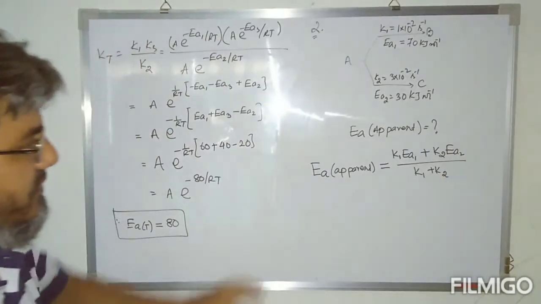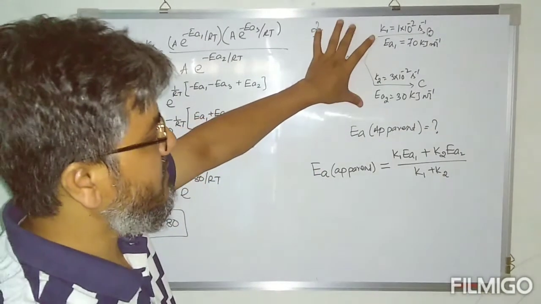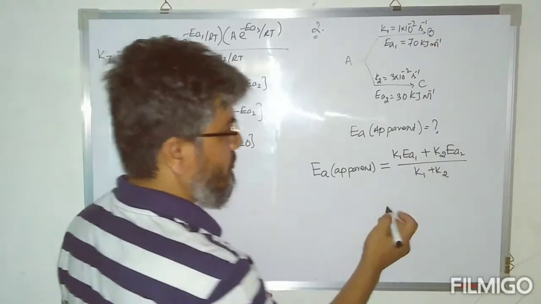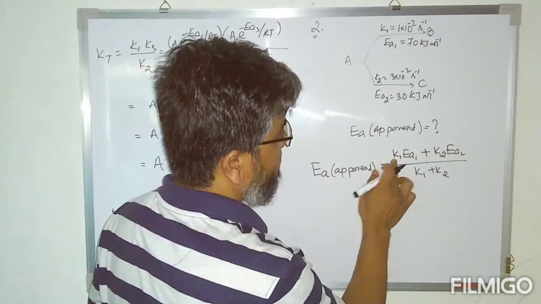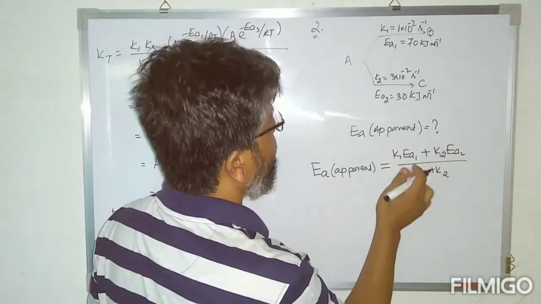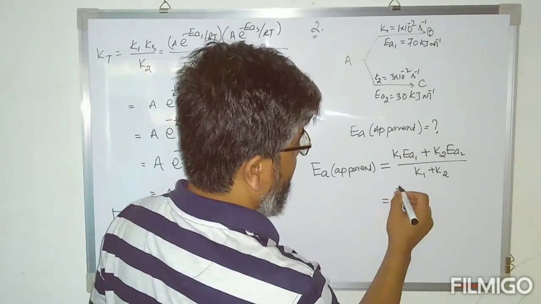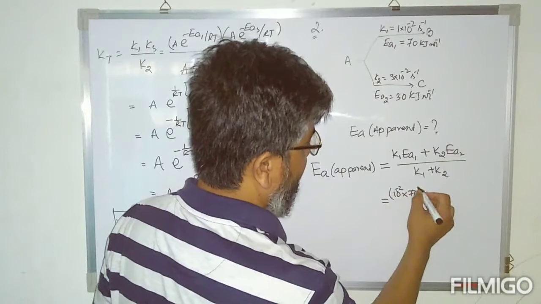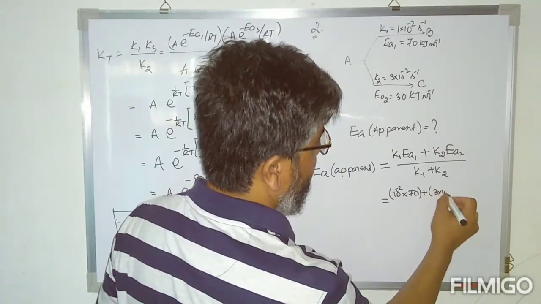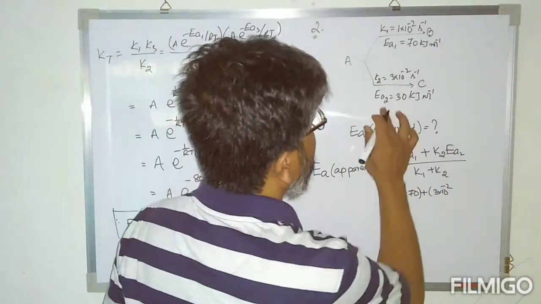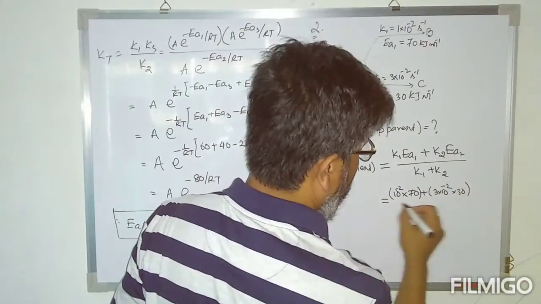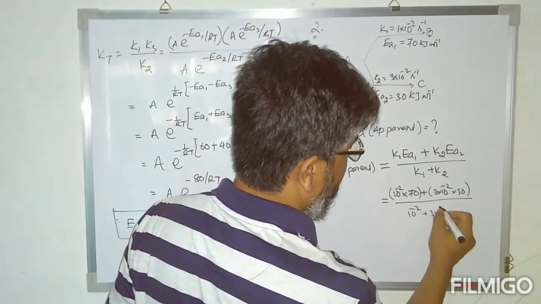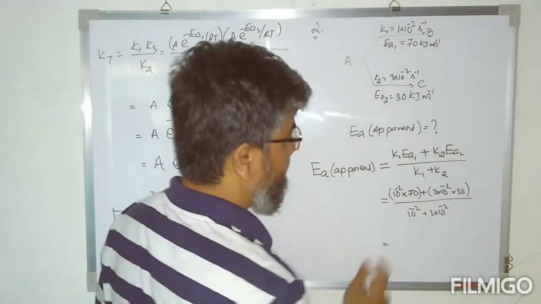So this type of equation should be applied for a parallel reaction. So we have K1, E1, K2, E2. Substituting the values: K1 is 10 to the power minus 2, E1 is 70, K2 is 3 into 10 to the power minus 2, E2 is 30, divided by K1 is 10 to the power minus 2 plus K2 is 3 into 10 to the power minus 2.